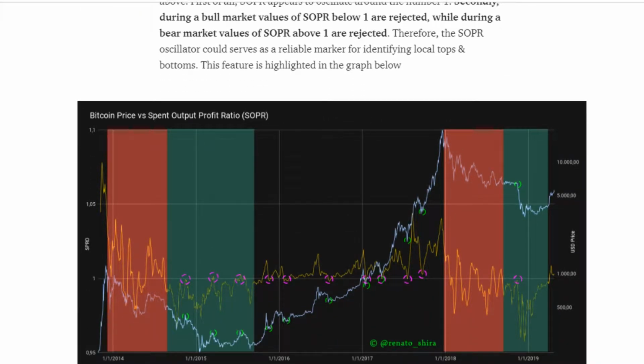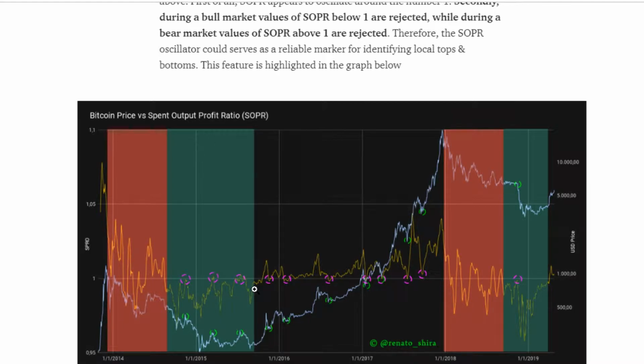Therefore, the SOPR oscillator could serve as a reliable marker for identifying local tops and local bottoms, like you can see over here. In this wild phase after the blow-off top, it's not really useful, but since we get a first rejection, you can kind of see that we're in a bear market, second rejection, third rejection.